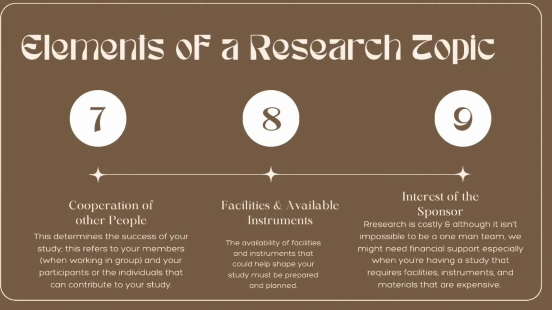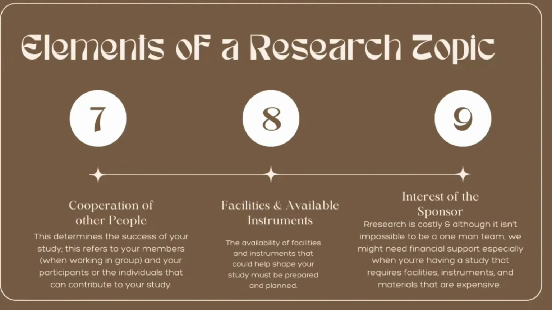So number 7, we have cooperation of other people. So this determines the success of your study. So this refers to your members, especially when you are working in a group, and also your participants or the individuals that contribute to your study.